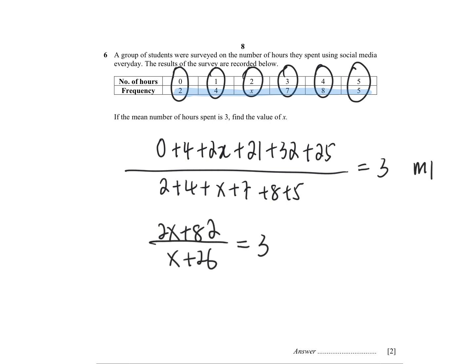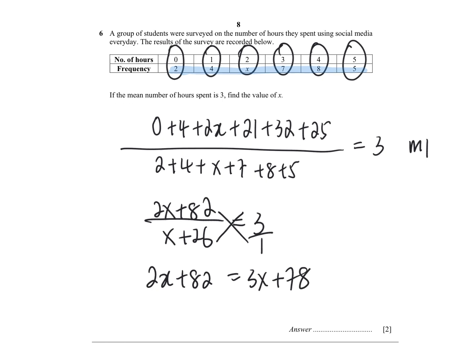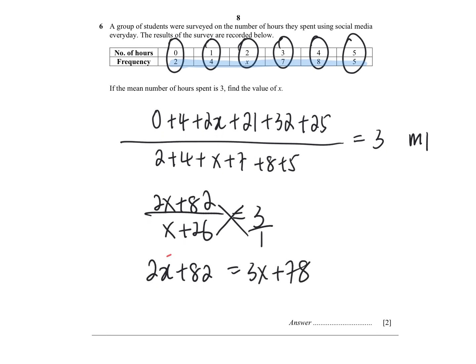So this is your method mark. If you have done this, you get your first method mark. And then you cross multiply. And then you solve. So you can go and minus your 2x.